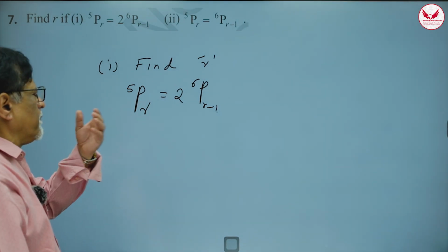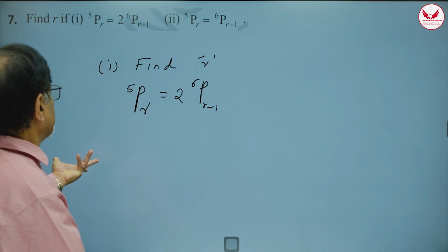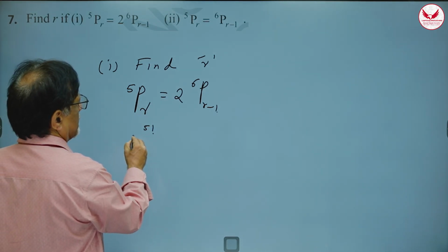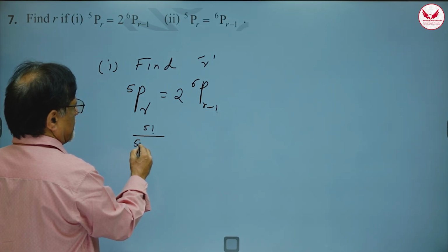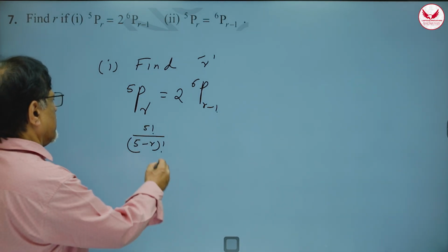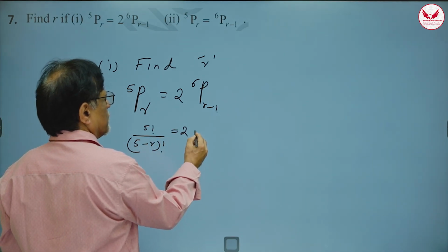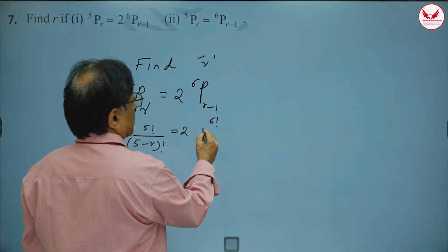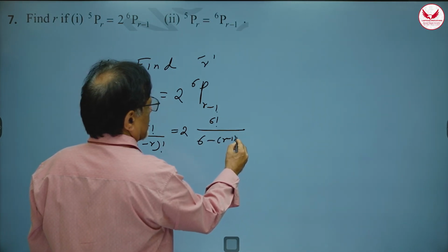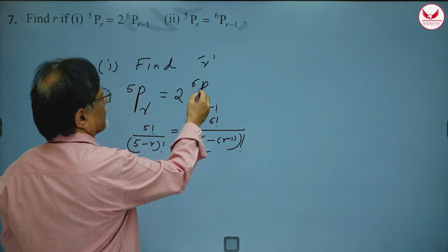Now in this problem, it is better to use the formula, right? So 5Pr means 5 factorial divided by (5-r) factorial. Clear? Okay. Now here, this is equal to 2 multiplied by 6 factorial divided by (6-(r-1)) factorial. I have to subtract these two.